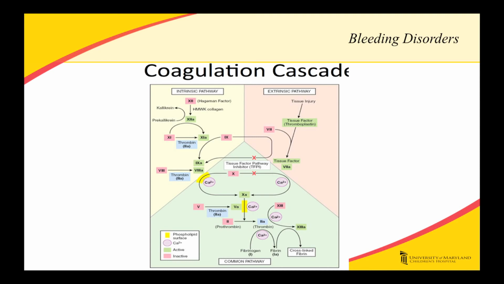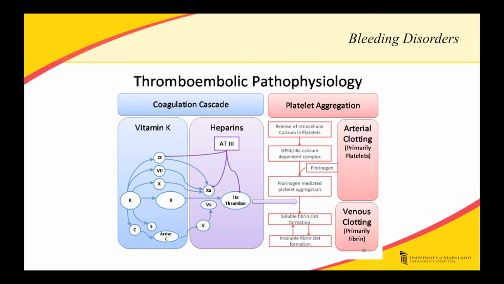If you are low on any of these factors, you can have manifestations of bleeding, which can occur when the umbilical cord separates, or if you do a circumcision, they can have this abnormal bleeding tendency. And that sometimes is how you see it in the newborn.